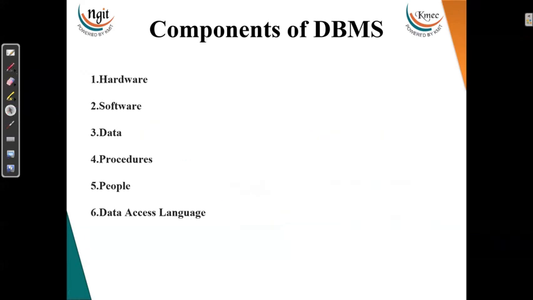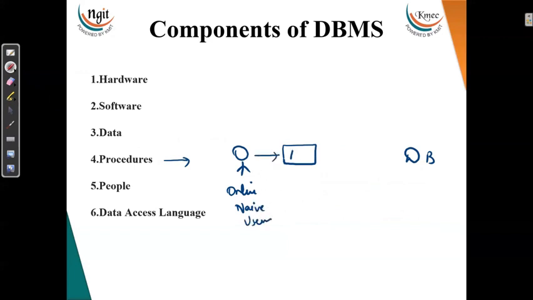Fourth component is procedure. Users can interact with the database with the help of applications. If the users are online naive users, they do not have any technical knowledge, then they will use the application and any interaction with the application can be converted into various database calls.